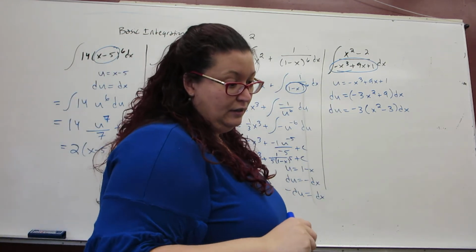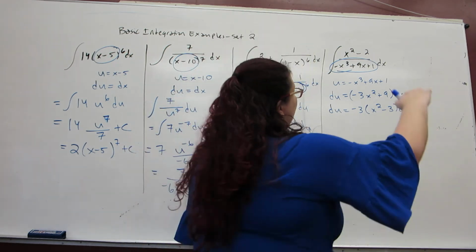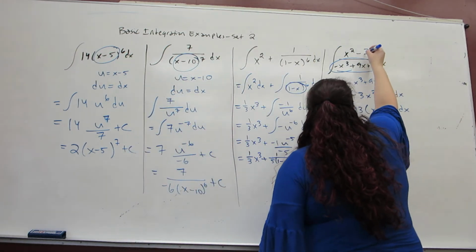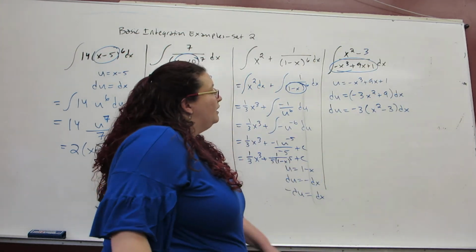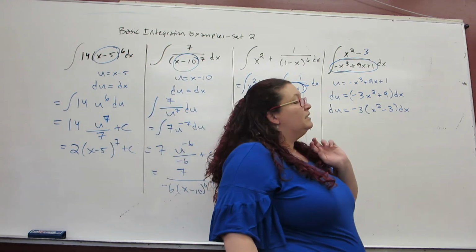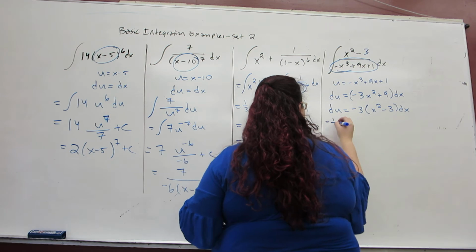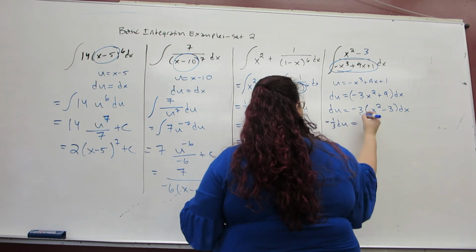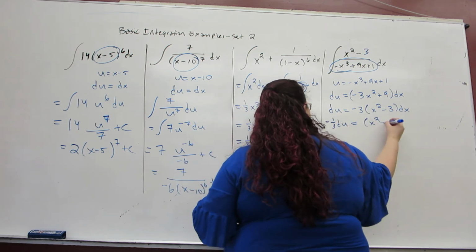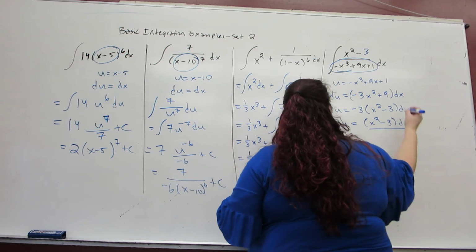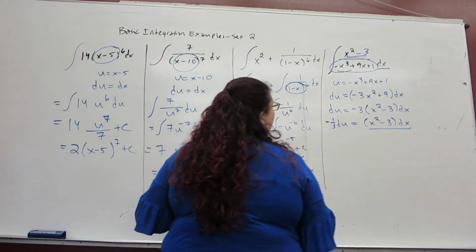At this point, I notice a little bit of a typo in my problem. Excuse me about that. You're left with x squared minus 3, which is in fact what we have in the numerator of our problem. So all I have to do is move this minus 3 over to the other side, and then this is present in my original problem.